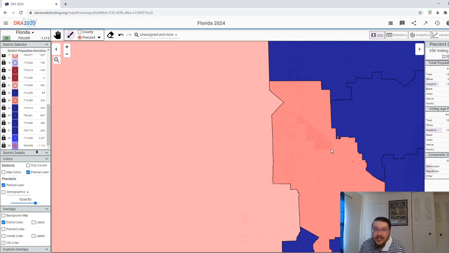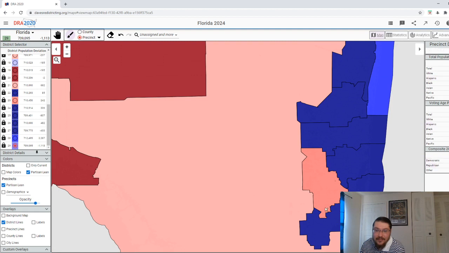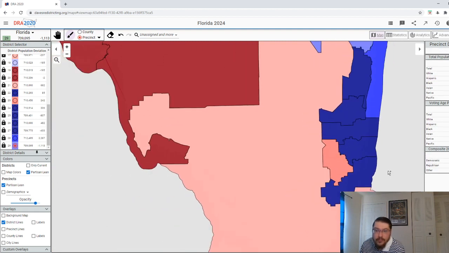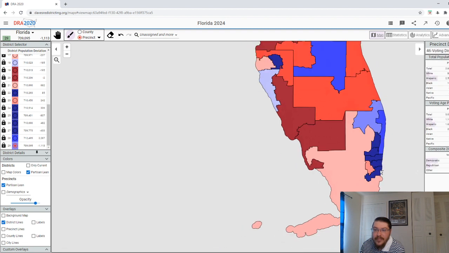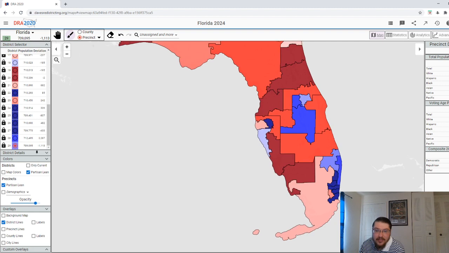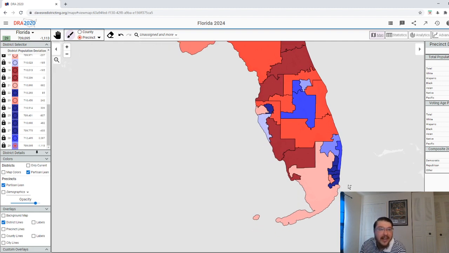But if you look, this is a Cuban district. So there's that.